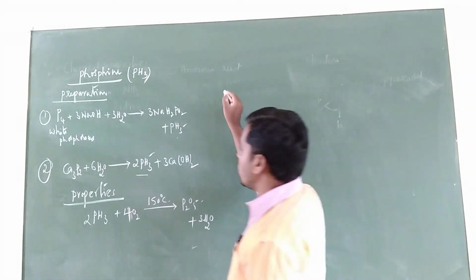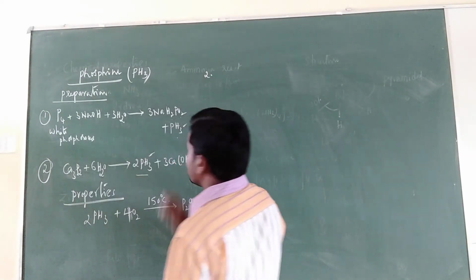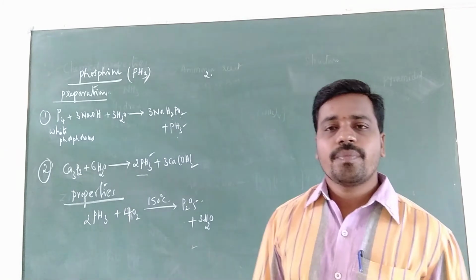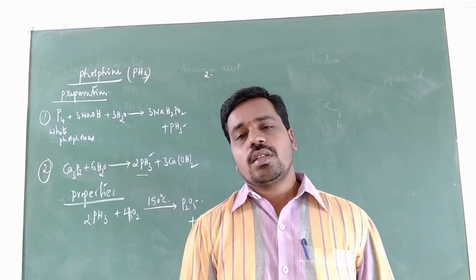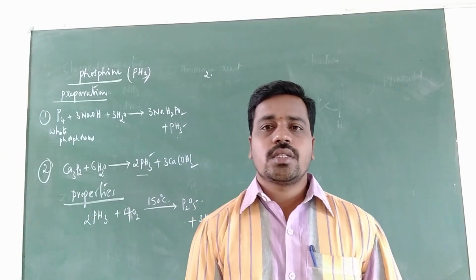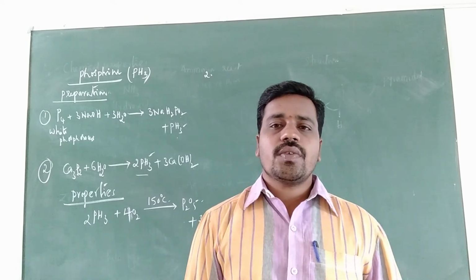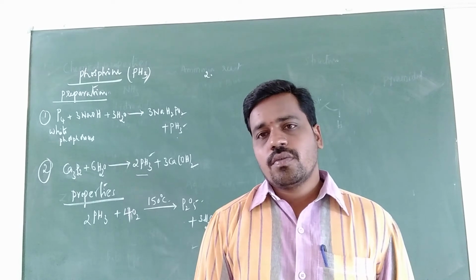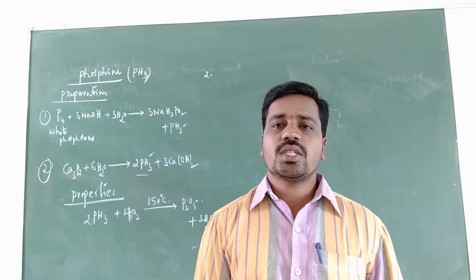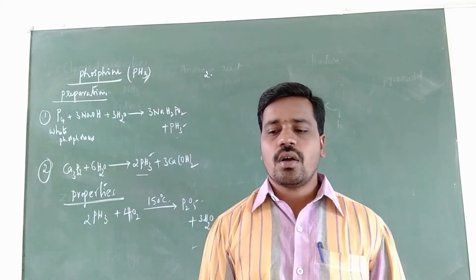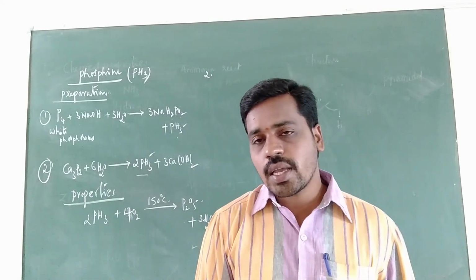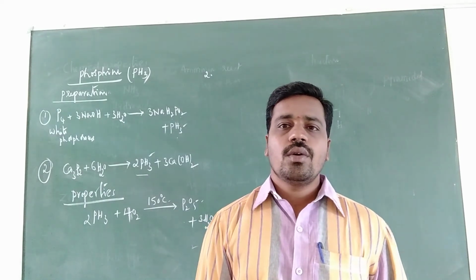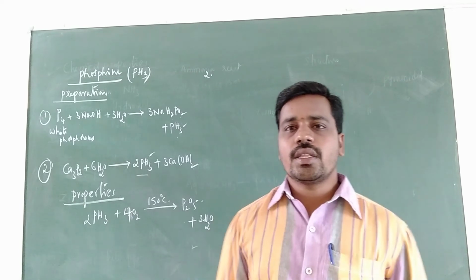And the second property is that phosphine reacts with hydrogen iodide. When it reacts with HI, it directly combines with HI and forms PH4I, which is called phosphonium iodide. That is very important.